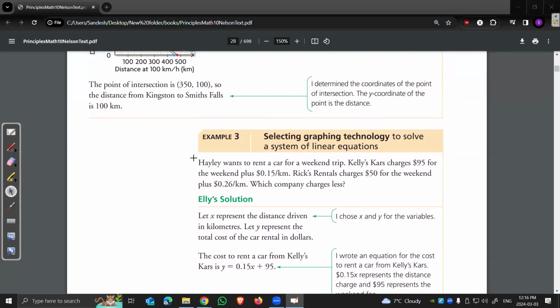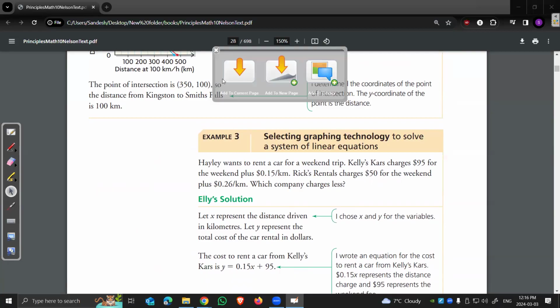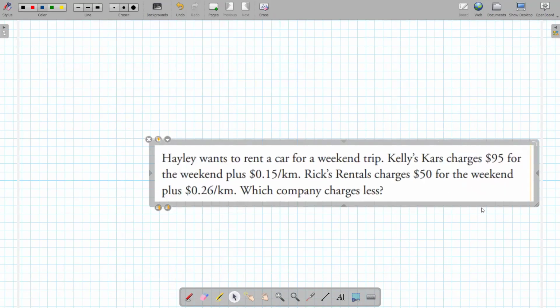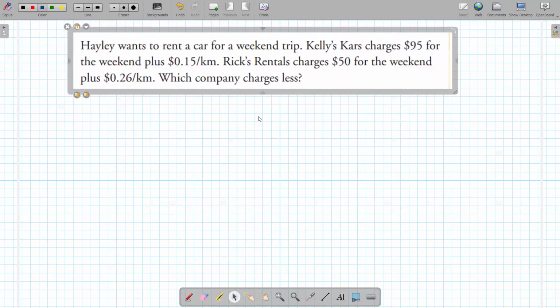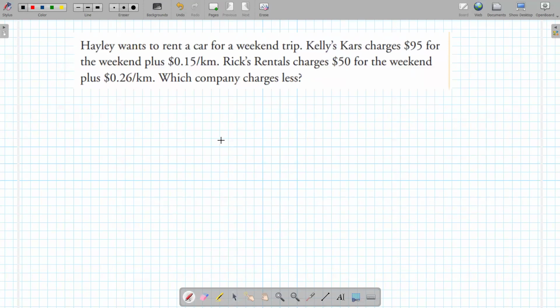Let's try doing another question. We have two options for car rentals: Kelly's Cars with a K, and Rick's Rentals.